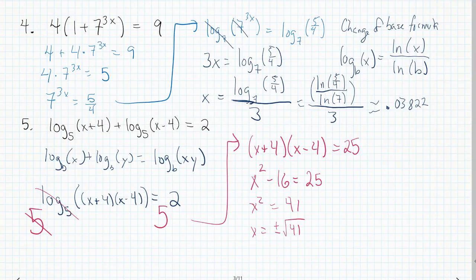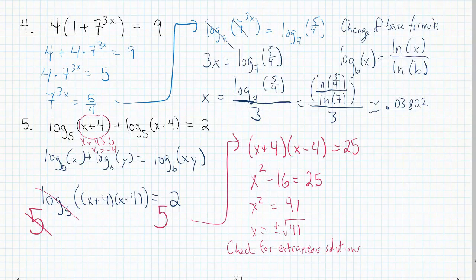And you might think, oh, we're done. But we're not. We have to check for extraneous roots or extraneous solutions. And what do we mean by that? If you look, we can do the domain of these things real quick. This domain is x plus 4 greater than 0, which is x is greater than negative 4.